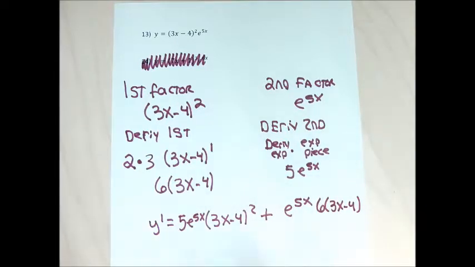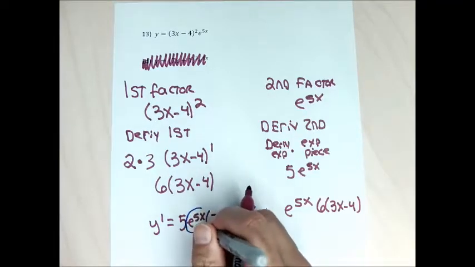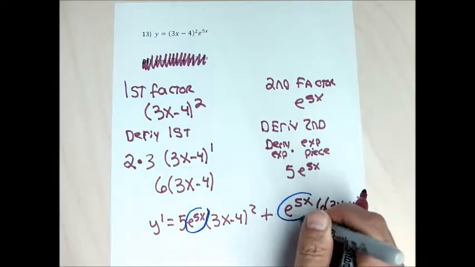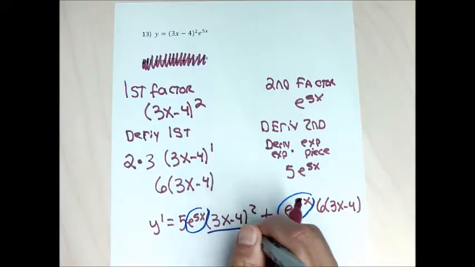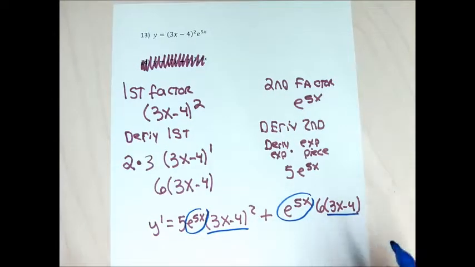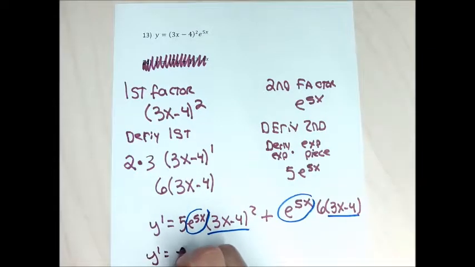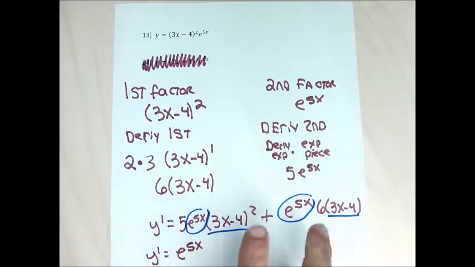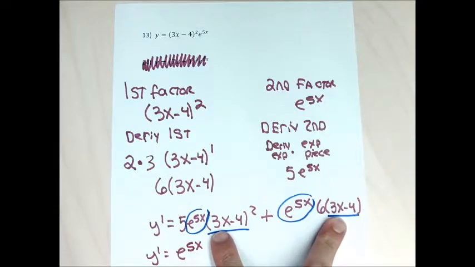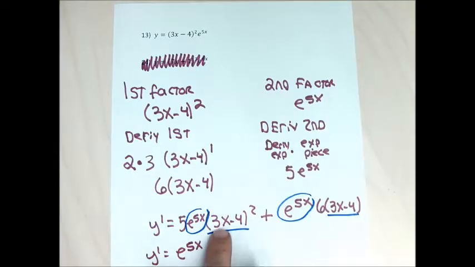Now I'm going to common factor. For both parts, there's an e to the 5x, and there's a factor of 3x minus 4. So I'm going to factor out an e to the 5x, and between the 3x minus 4s, there's 2 of them here and 1 of them there.